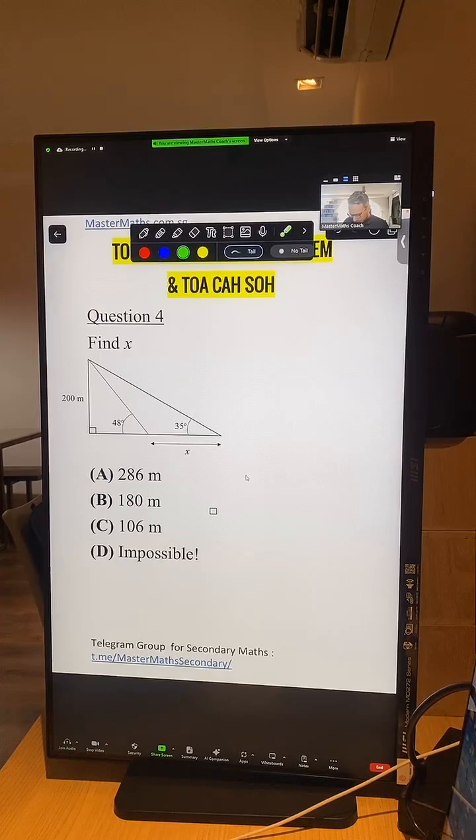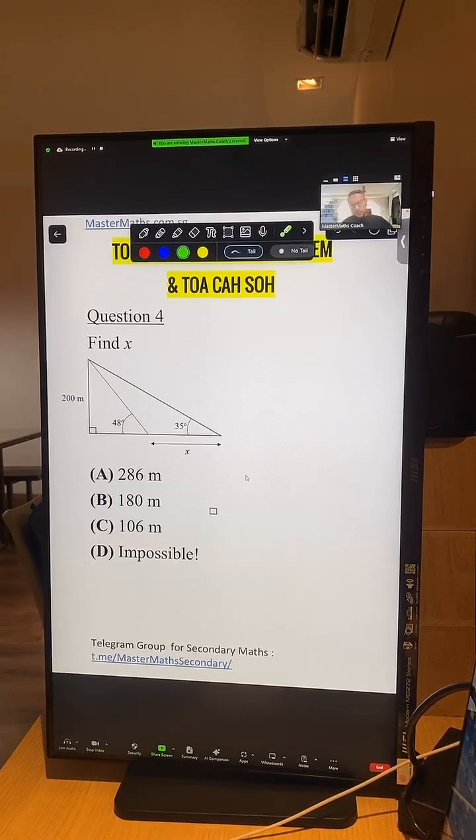Someone is saying, can I use sine rule or cosine rule? Okay, so the sine rule, cosine rule we use for triangles which are not right angle triangles. So to answer your question, yes, you can also use the sine rule or the cosine rule. But I generally think that as much as I can avoid to use those rules, I will.